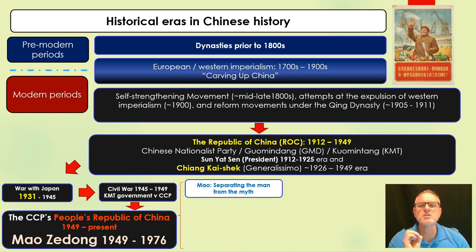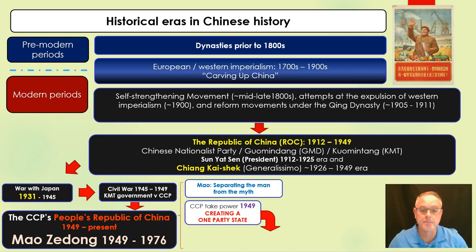In some respects, he's very much a notorious figure in Chinese history, but he's idealized and idolized in China to this day. So you're going to have to grapple with this concept of Mao being a monster or a hero of Chinese history.